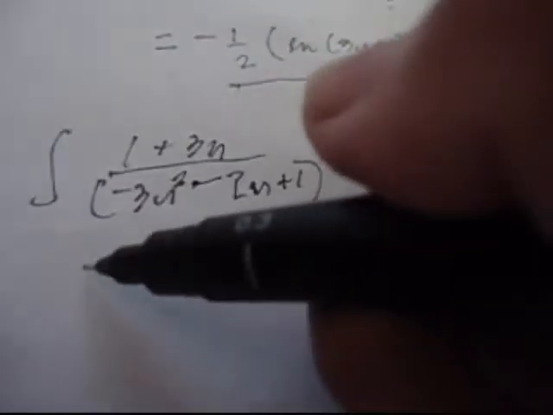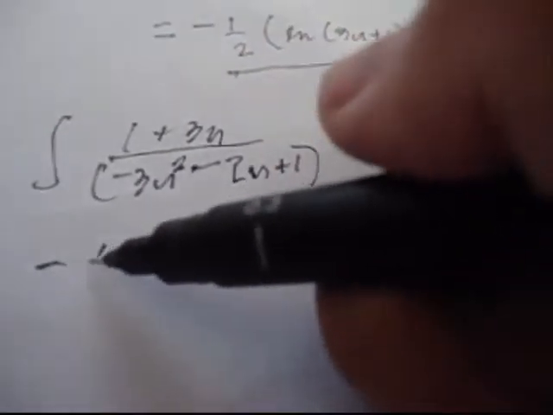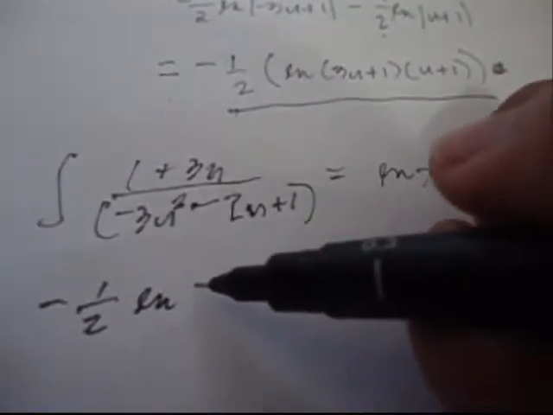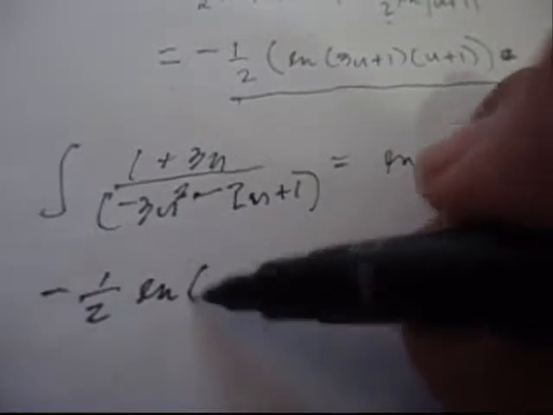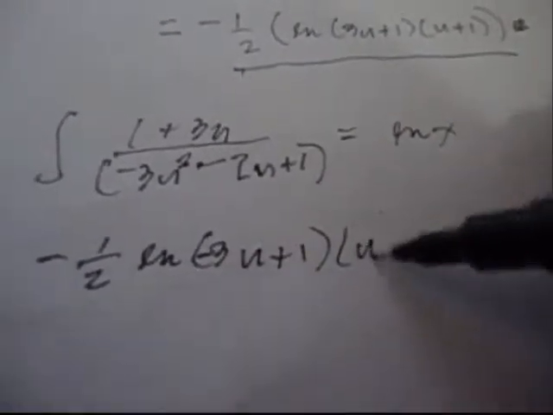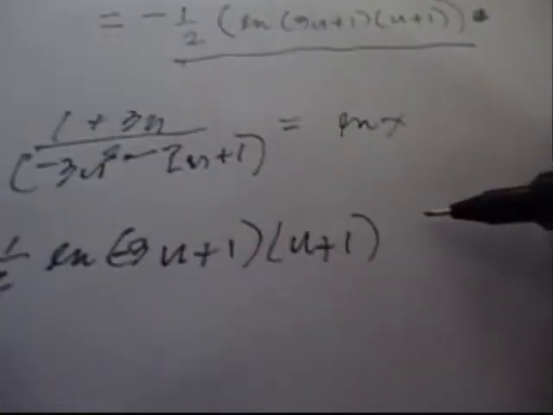So now we will have negative 1/2 ln of negative 2u plus 1 times u plus 1 equals ln x plus c.